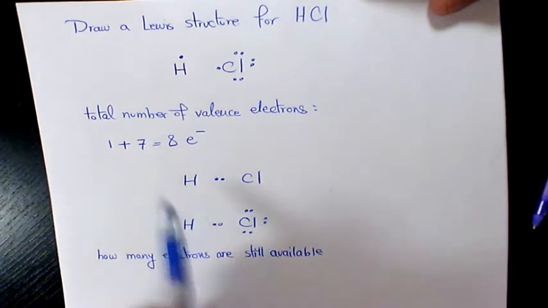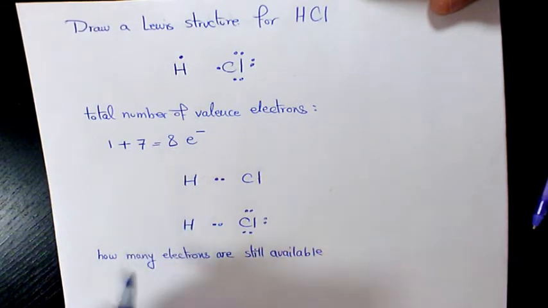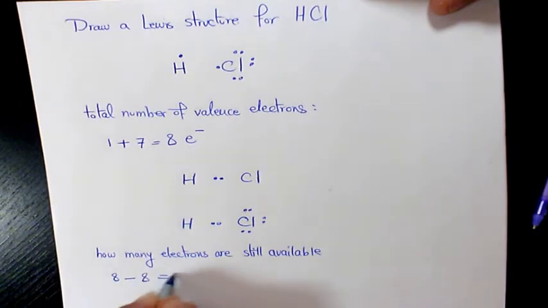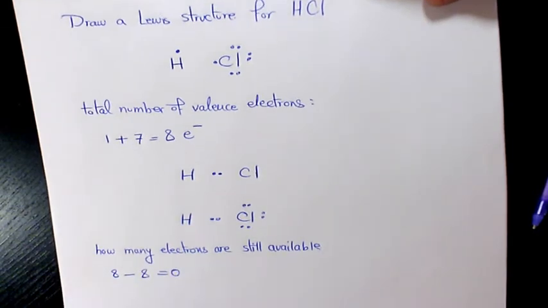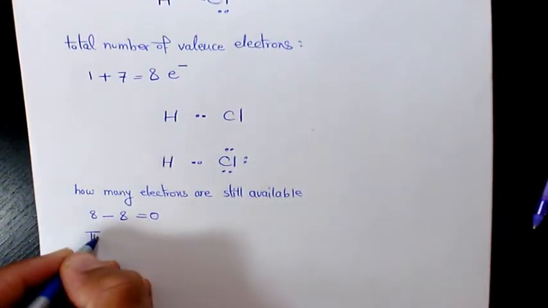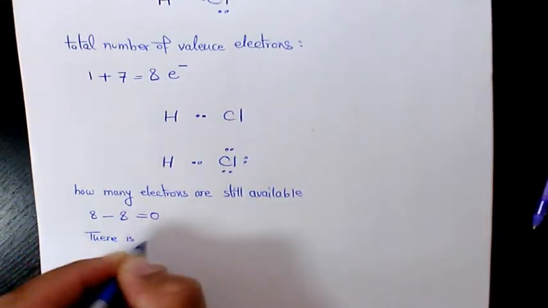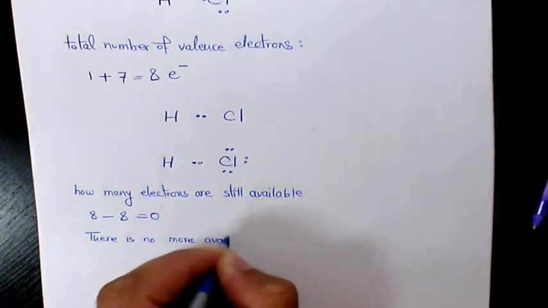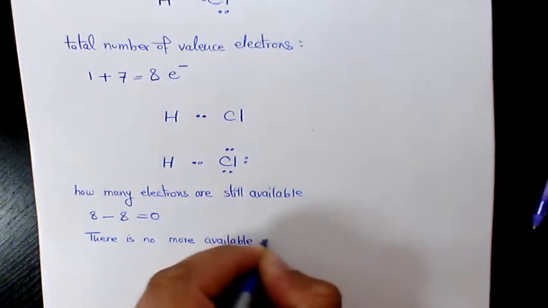The total number of available electrons was 8 minus 1, 2, 3, 4, 5, 6, 7, 8. 8 minus 8 is 0. So there is no more available electron.